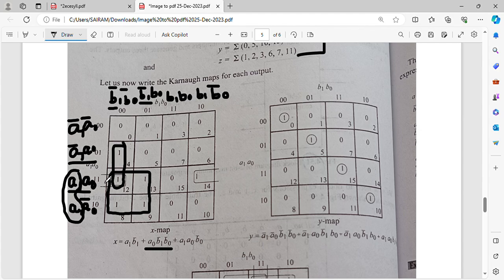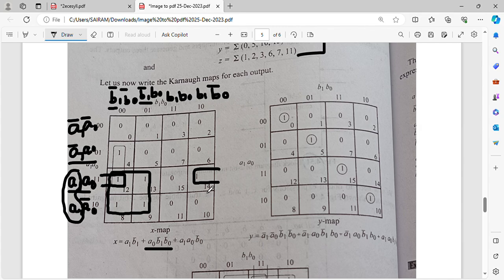So which group is this? I'll just erase this and teach you. Okay, and here it is A1 A0. So in this part, this becomes an overlap, right?